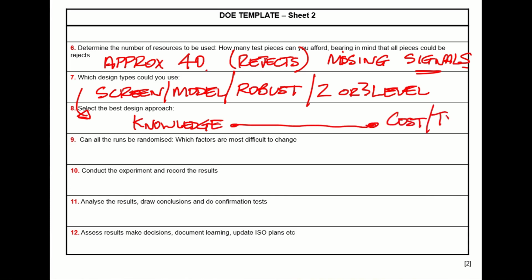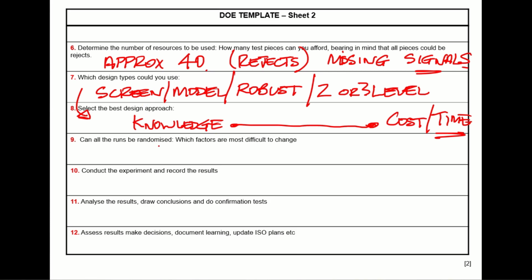Now the best design approach is comprised of course, on one end of the scale, knowledge. On the other end of the scale is cost and time. If the knowledge is valuable and important to you, you're not going to be so worried about the cost and the time. If the knowledge is not important, you've got to be asking the question, why are you doing the DOE?